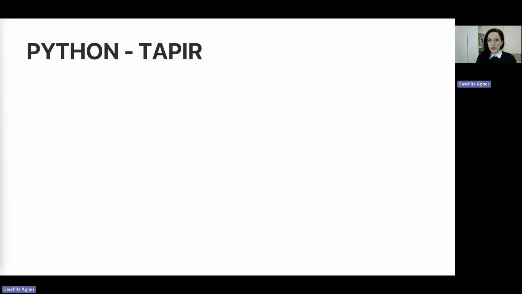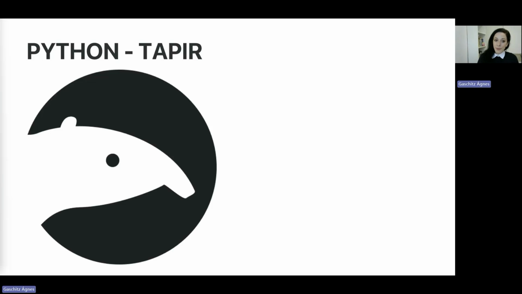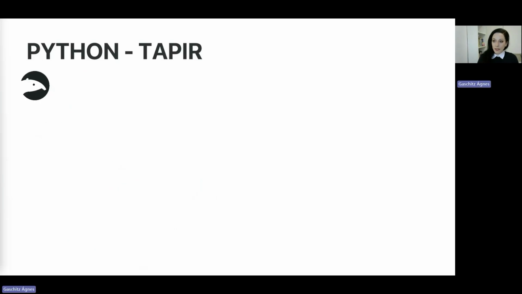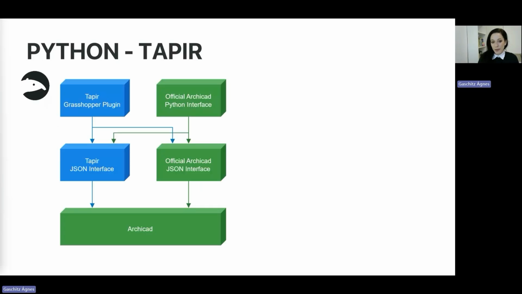So the official Python API has, I don't know how many available commands, and maybe you need something more specific, something new in your workflow. But using, for example, the Tapir add-on and the whole ecosystem of Tapir, you can register new Python commands. And later on, after the registration, you can use it in your own Python script.